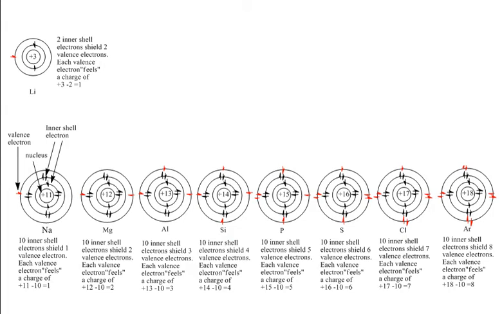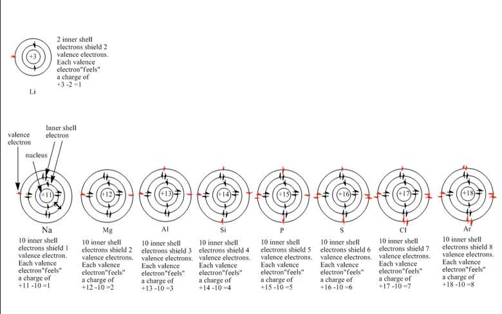So for instance, if we look at a sodium atom, it has 11 positive charges in that nucleus, but the valence electron, which I've indicated in red here, doesn't see a charge of plus 11 because there are electrons between that negatively charged valence electron and that positively charged nucleus that interfere or screen the nucleus from the valence electron. So in the case of sodium, there is one valence electron.